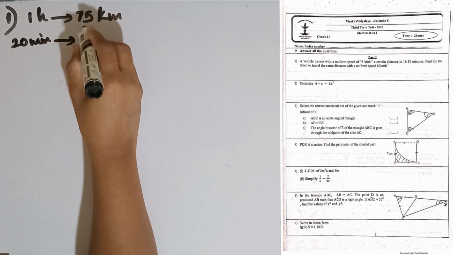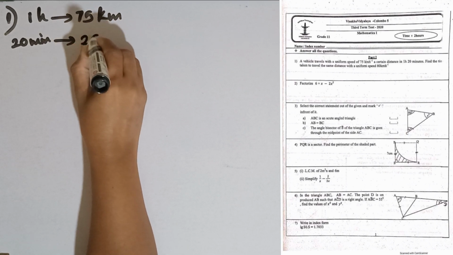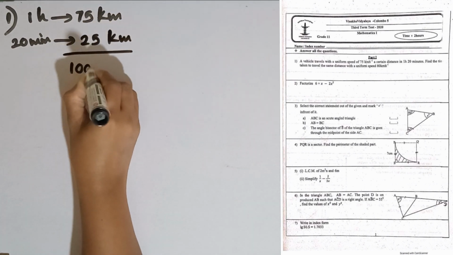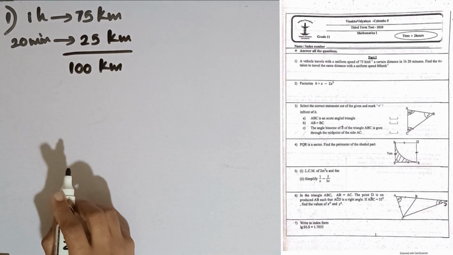So the distance should also be divided by 3, that is 25 kilometers. So the total distance is 100 kilometers. The distance traveled is 100 kilometers.